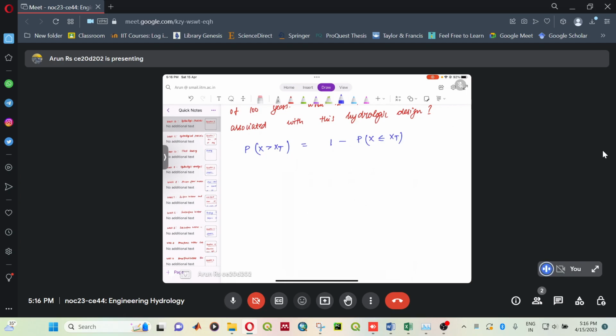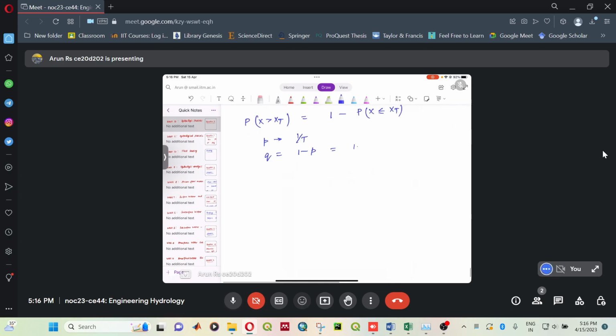If we take p as the probability that it is going to happen, then q will be 1 minus p. So p is nothing but 1 by T. So q is 1 minus 1 by T. Your risk can be written as 1 minus p to the power of n, which is nothing but 1 minus q to the power of n.